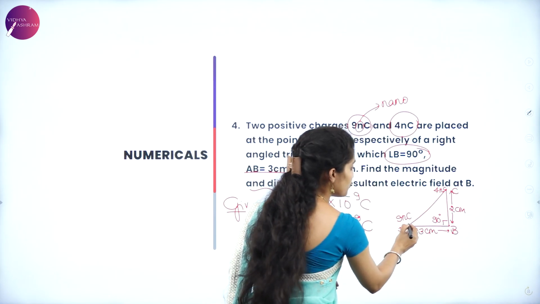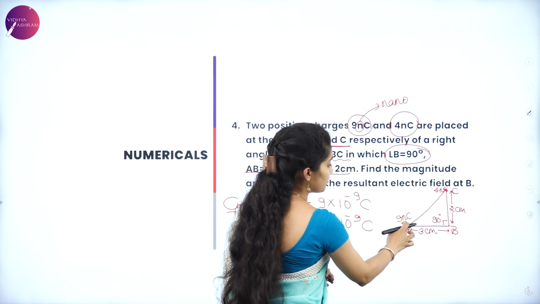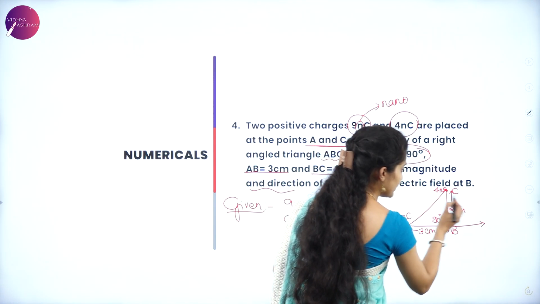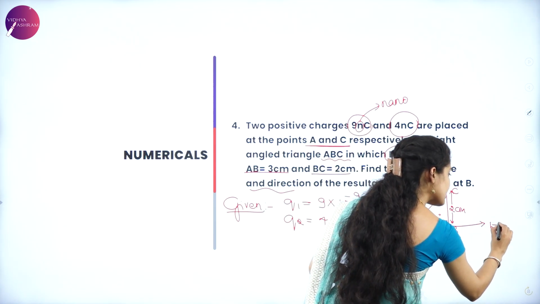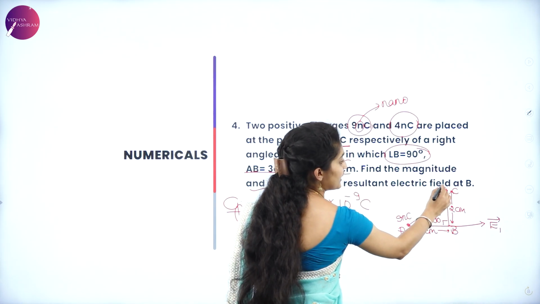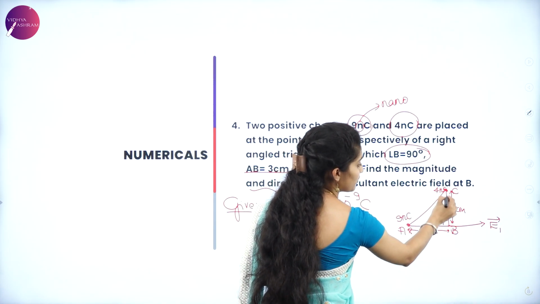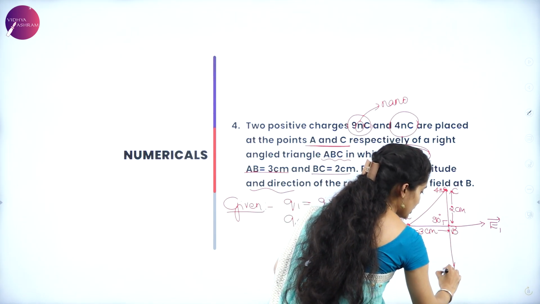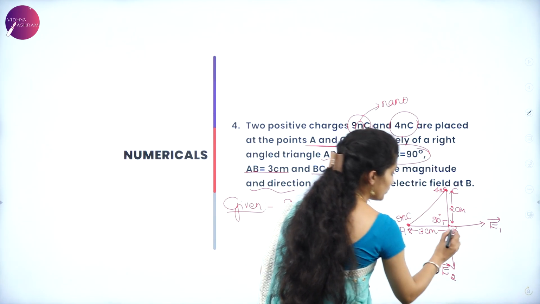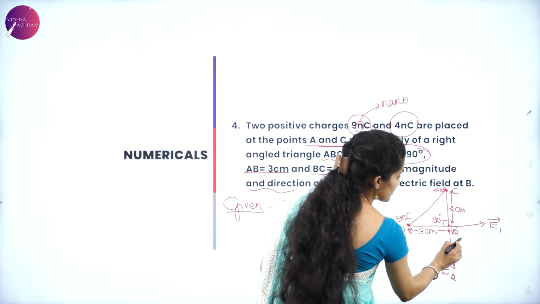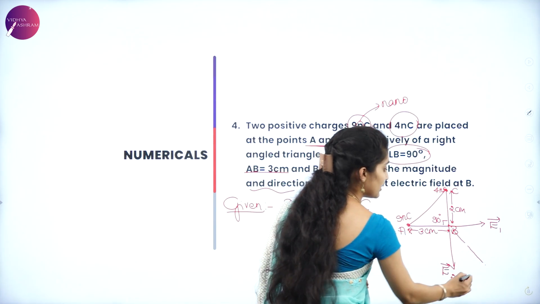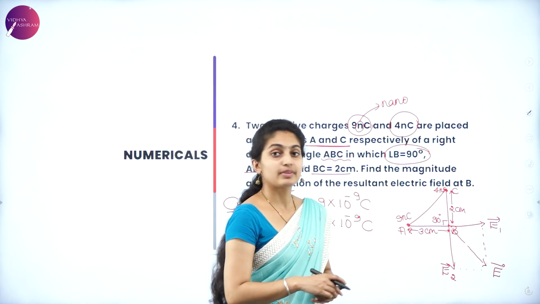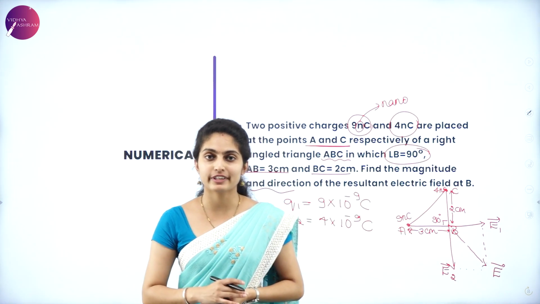So at B, the electric field due to the charge placed at point A is given in this direction. Name it as E1 vector, and due to charge 4 nanocoulomb there is an electric field in this direction, vertically downwards, so it can be called vector E2, and the resultant is in this diagonal direction, so it is called vector E. So this forms something like the parallelogram law of vector addition.